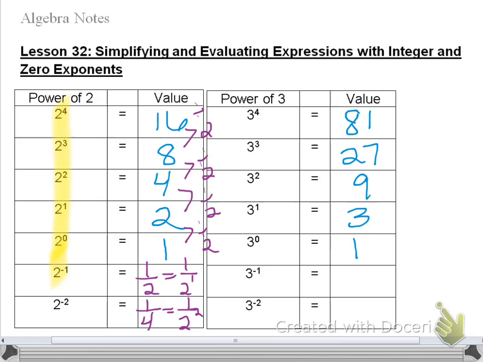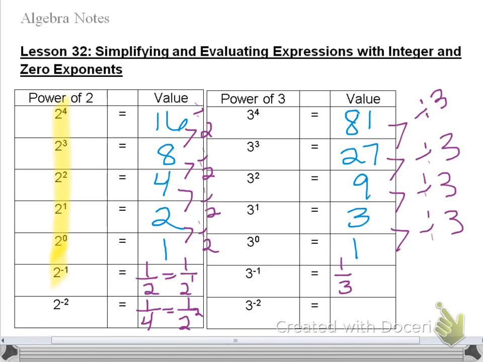Okay, now moving on to the powers of 3, we're going to see if it follows a similar pattern. So between 81 and 27, we divide by 3. Between 27 to 9, we divide by 3. 27 divided by 3 is 9. And again, we're going to keep dividing by 3 to get these values. So if we follow the same pattern, we would take 1 and divide it by 3. And then we would take 1/3 and divide it by 3.